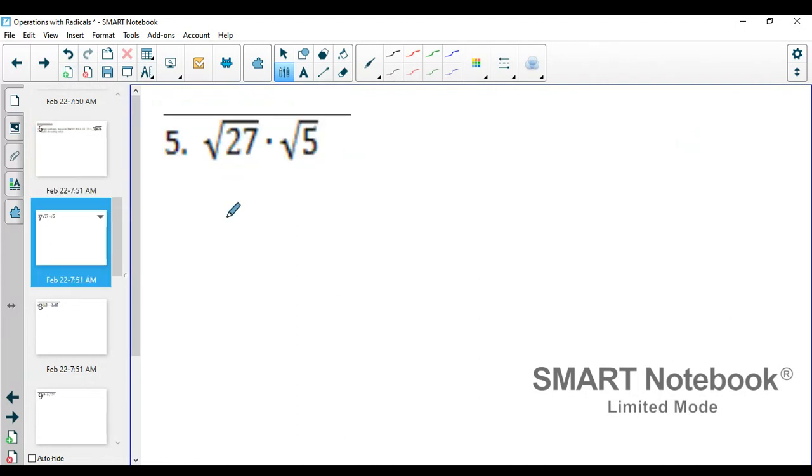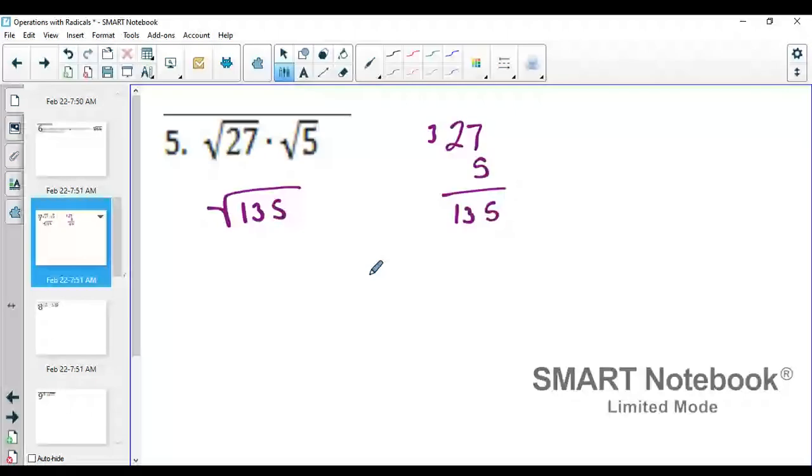So we have the square root of 27 times 5. So 27 times 5, I'm just going to do over here, it's 135. So we have the square root of 135. Now, we need the factors of 135 so that we know which one has the square root that we can use to simplify this.